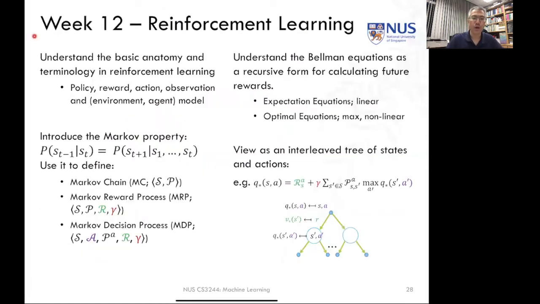In week 12, we looked at reinforcement learning, the other very important paradigm of learning that wasn't covered earlier. We looked at trying to understand the basic anatomy and terminology in reinforcement learning, including the idea of rewards, actions, and observations.